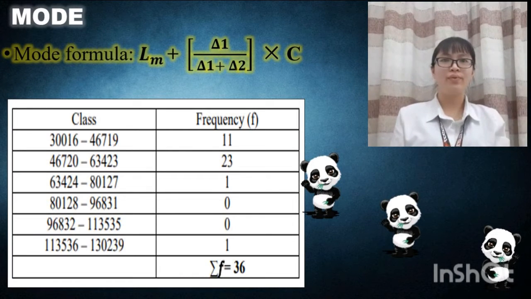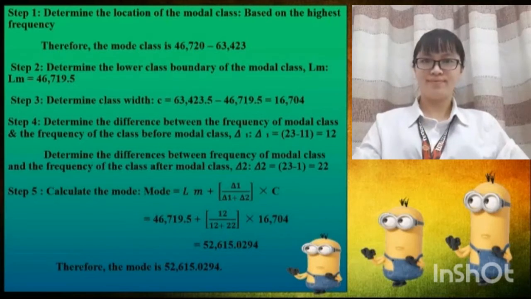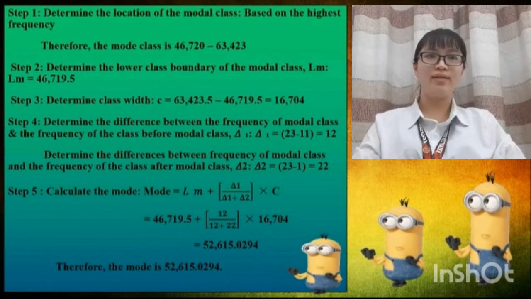Next, I will explain mode. Mode is the data entry that occurs with the greatest frequency. The mode can be calculated using the following formula. We also have 5 steps to find the mode. Step 1, determine the location of the modal class based on the highest frequency. Step 2, determine the lower class boundary of the modal class. Step 3, determine the class width.